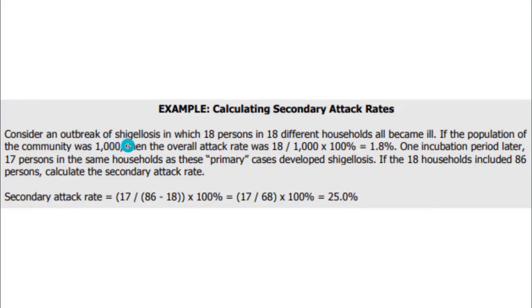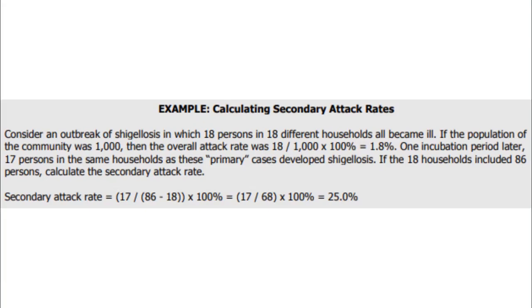So usually patients with shigellosis present with symptoms of gastroenteritis. So we have nausea, vomiting, and diarrhea, and even some people present with fever associated with the gastrointestinal symptoms.